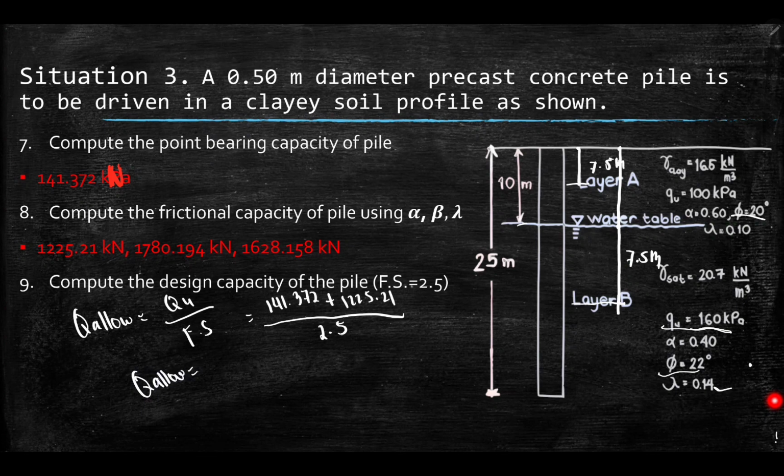Ang makukuha natin sagot dyan for the design capacity or the allowable capacity of the pile will be equal to 546.637 kilonewton. Very basic. Check natin kung tama. 546.637. Okay, very basic, no?